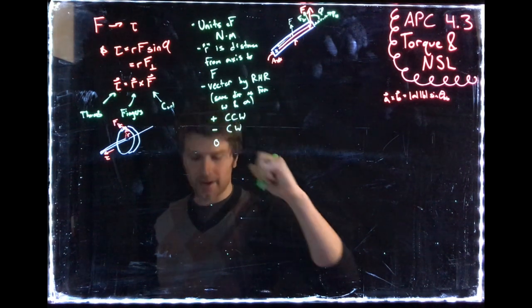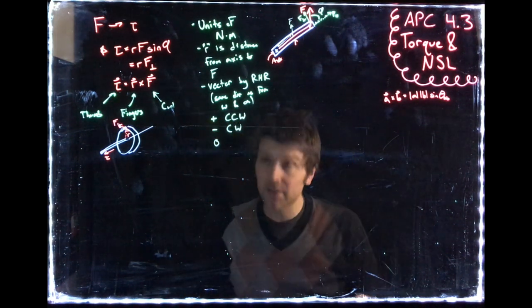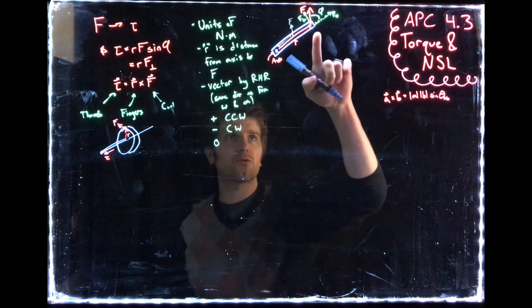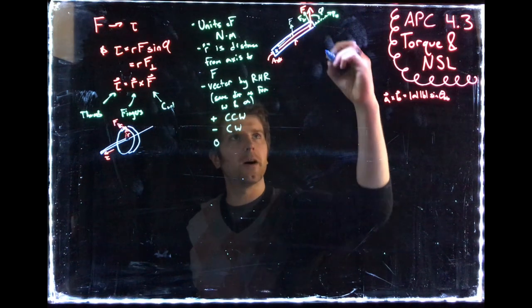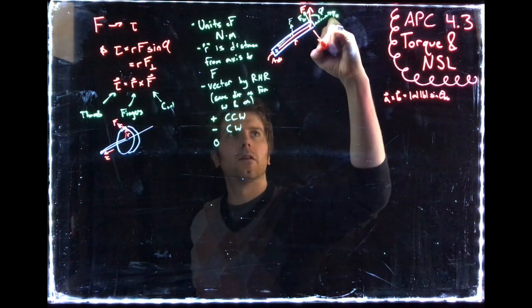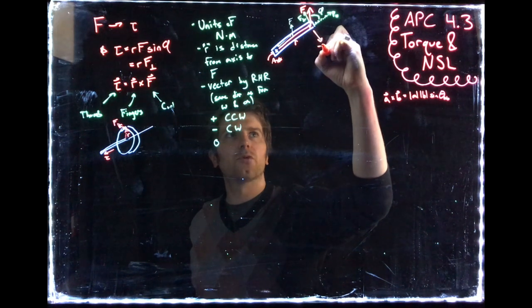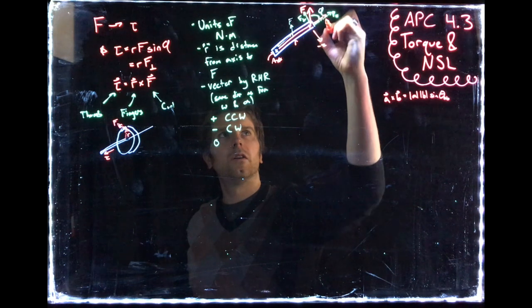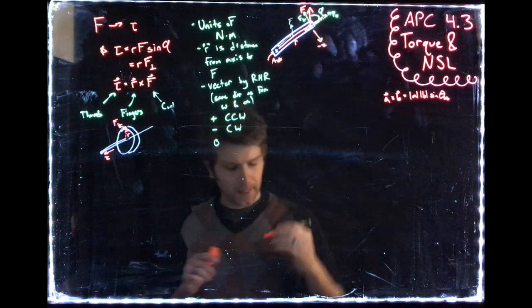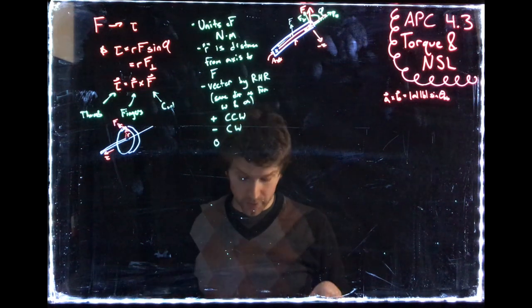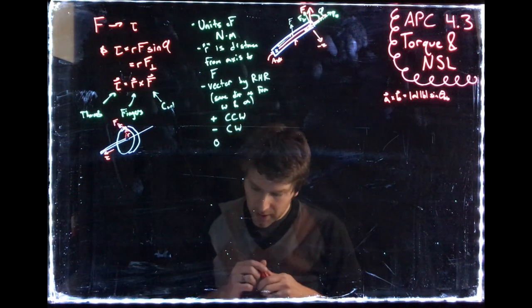And you can also have torques of 0, as noted. So in this case, pulling this way would be a positive torque. If I pull down this way, this would be a negative torque. And if I pull directly radially, anything that's directly radial doesn't cause it to rotate at all, and so it would give 0 torque.